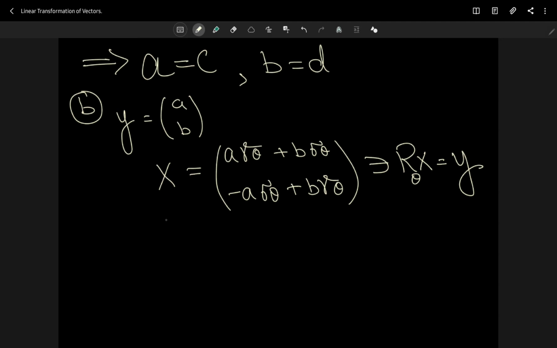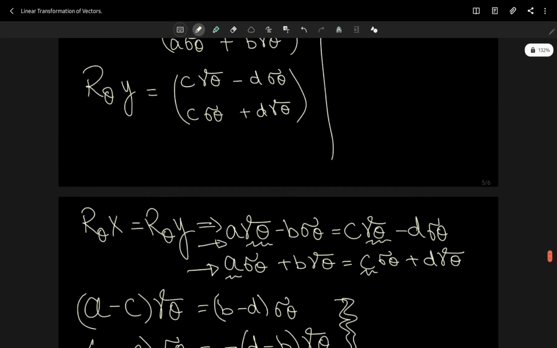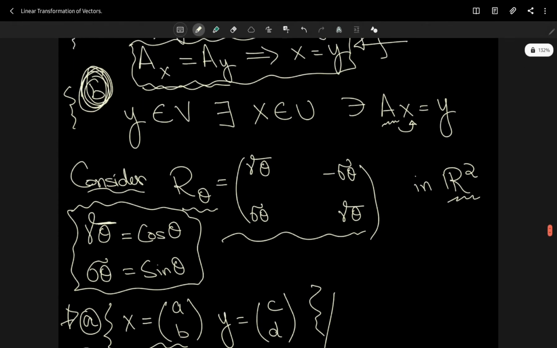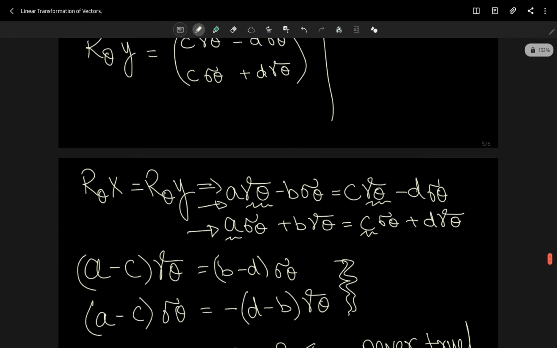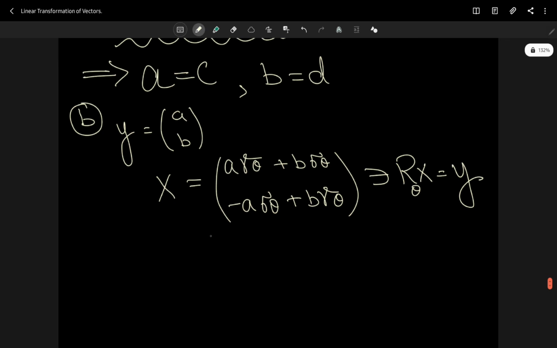So if I take this rotation operator, where did I define it? Yes, this one over here, and act it on this x, I should get this y back. So you can take this x that I just wrote and apply the rotation operator and check if you get this y back, right? Do that as an exercise of your own.